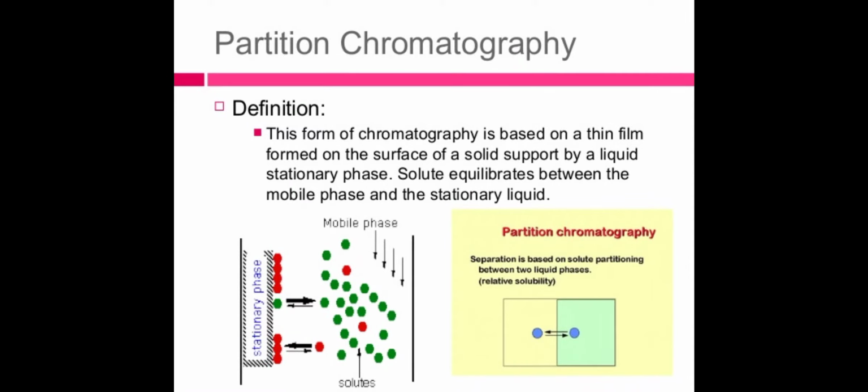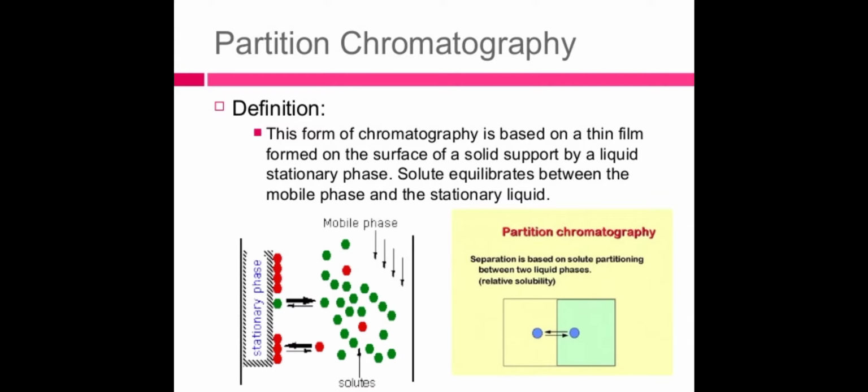Now, moving to partition chromatography. What is partition chromatography? This form of chromatography is based on a thin film formed on the surface of a solid support by a liquid stationary phase. So, you have to understand the difference between adsorption chromatography, or column chromatography, and partition chromatography.